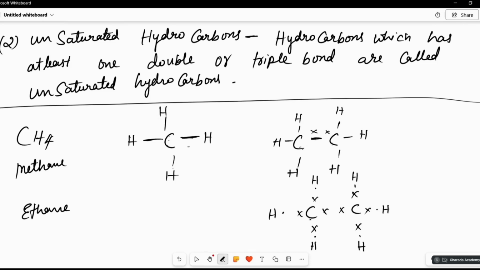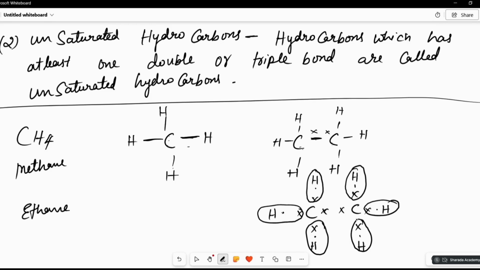Okay, so if you observe these two here, when you circle that, hydrogen has these two electrons. For this carbon, 2, 4, 6, 8 electrons.